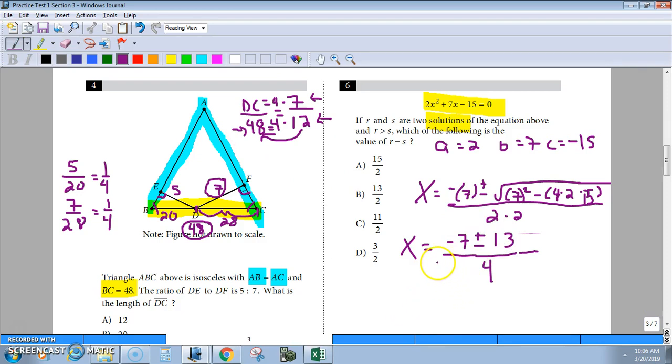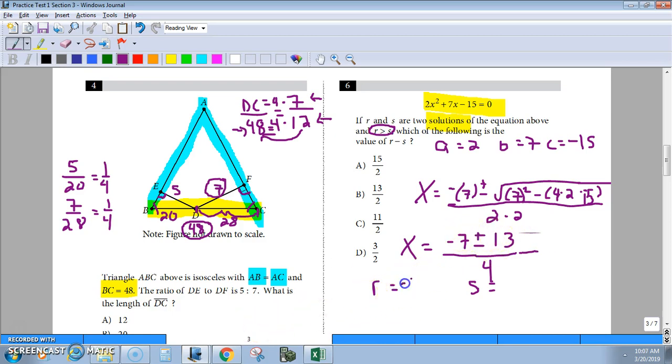But what I'm looking for is r is greater than s. So I need to actually find my two solutions, r and s. So r is greater than s means r is going to be the bigger number and s is going to be the smaller number. Okay, so one answer is going to be negative 7 plus 13, and I think that's going to be the bigger one because I'm adding.